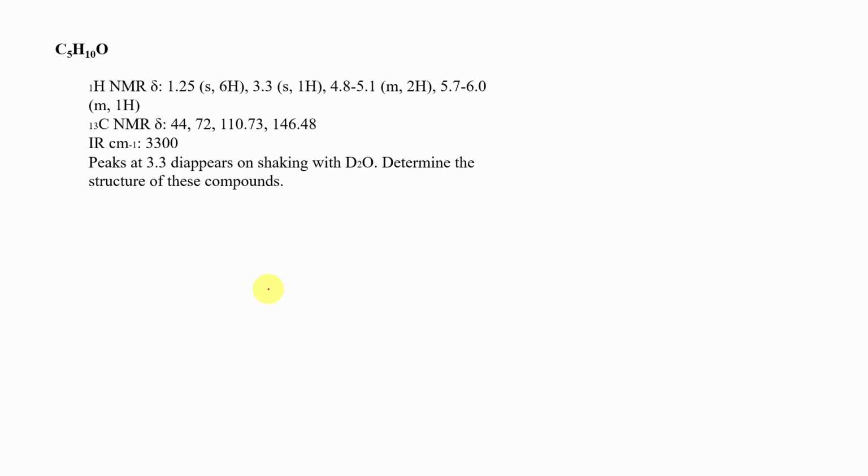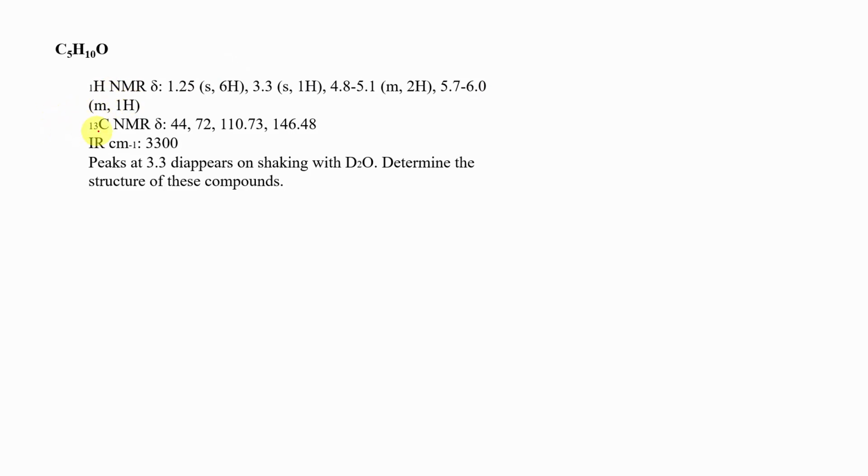Okay, consider the next problem. A molecule with the molecular formula C5H10O gives the NMR values 1.25, 6 hydrogen singlet; 3.3, 1 hydrogen singlet; 4.8 to 5.1, 2 hydrogen multiplet; 5.7 to 6, 1 hydrogen multiplet.